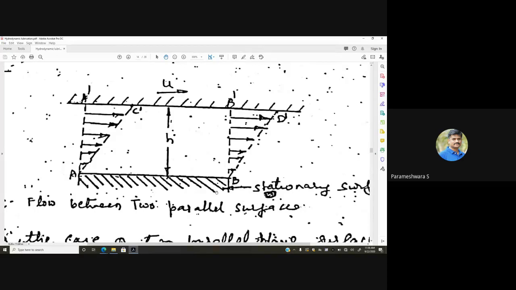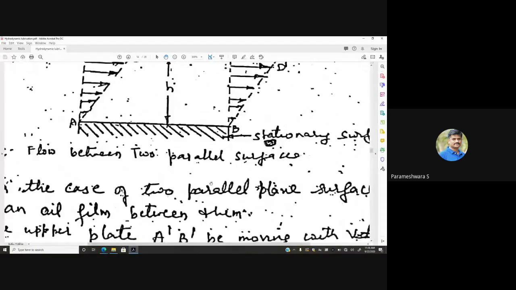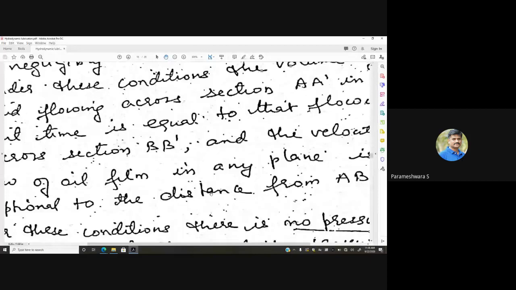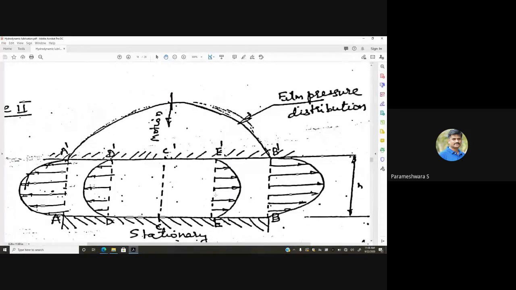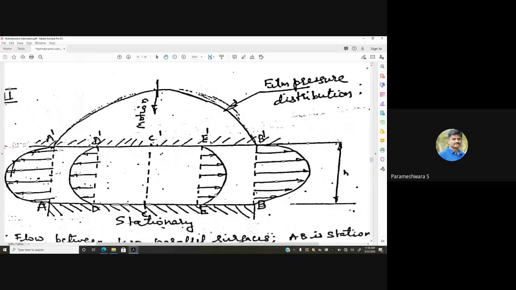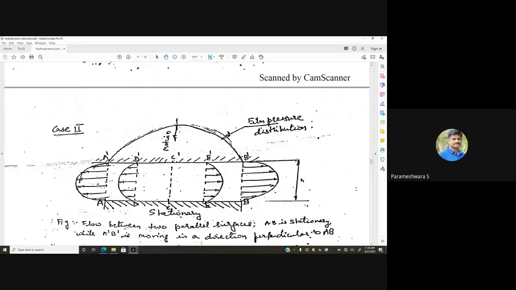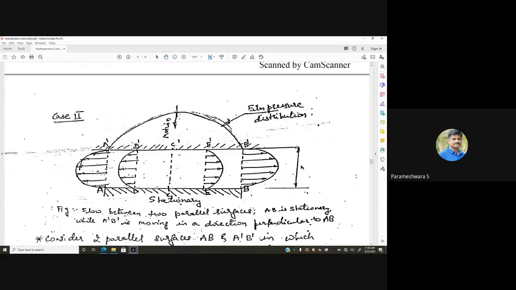We shall see one more case. From this you can understand in a better way. Look at this case 2. This is case 2: flow between two parallel surfaces where AB is stationary while A dash B dash is moving in a direction perpendicular to AB. In the earlier case, the below one was the stationary plate and the above one was moving in the right direction.